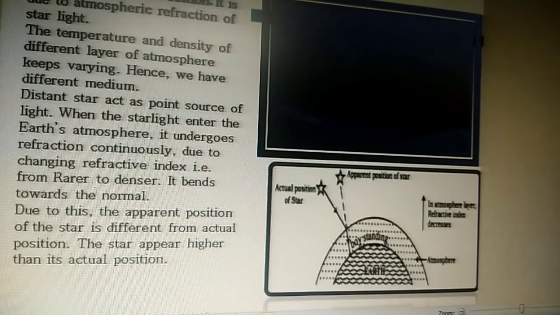the apparent position of the star will be observed and not the actual position, because of the continuous movement of particles in the atmosphere, temperature variation and density variation. Stars at higher positions seem to be twinkling.